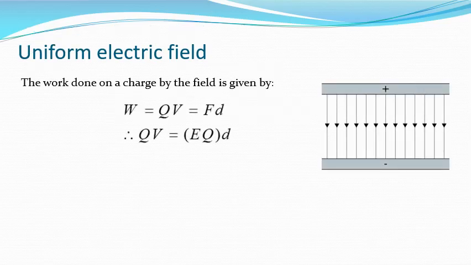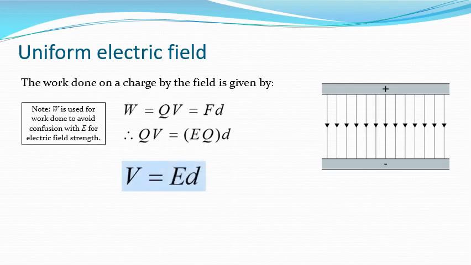So the work done on the charge in the field is Q times V from Higher Physics, and work done is also equal to force times distance. So because F equals Q times E, then we can end up with QV, where V is the potential difference, is equal to E times Q times d.